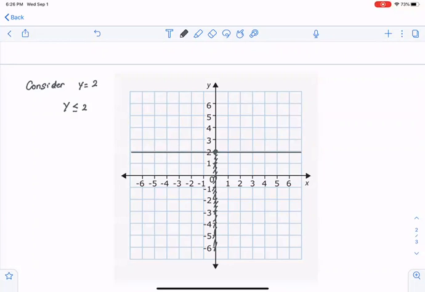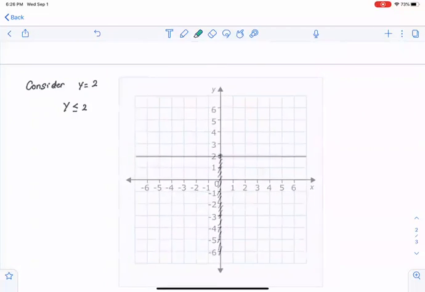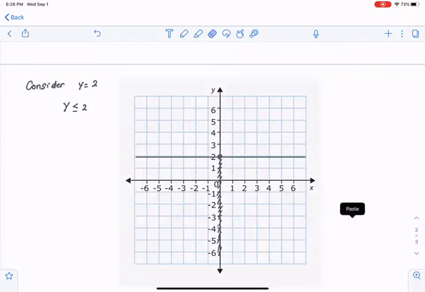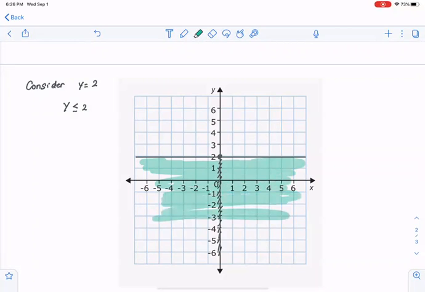Because as I move x, no matter what value of x I have, every single value that is less than or equal to 2 will be an answer for y. So by all means, I could sketch it this way. I didn't want to do it at the beginning because I don't want to confuse you guys.